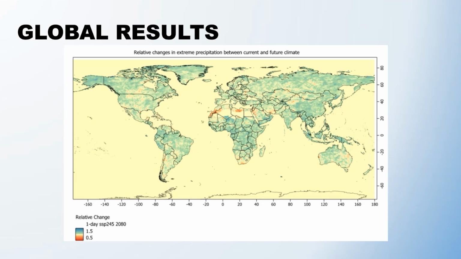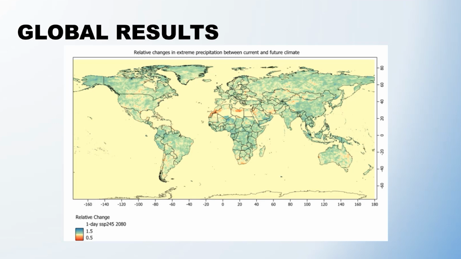There's areas like Sri Lanka, areas like Myanmar, areas like Alaska, where you see a quite significant increase in extreme precipitation. But there's also vast areas like Arizona, like South Africa, like the south side of Iran, or Morocco, where there's very significant decreases in extreme precipitation.